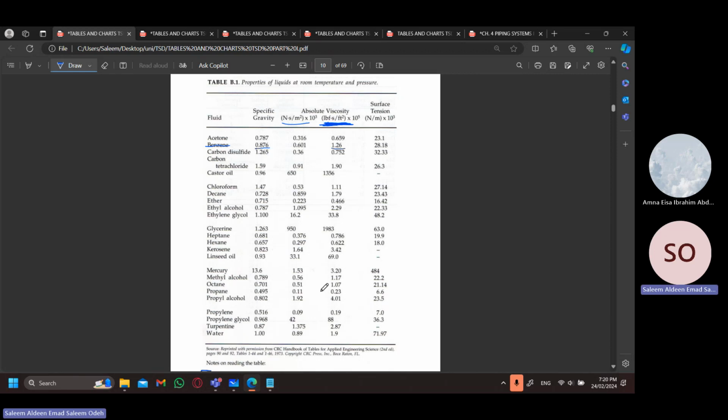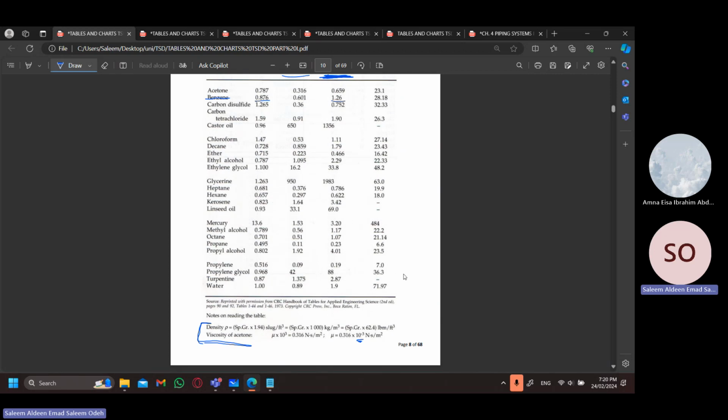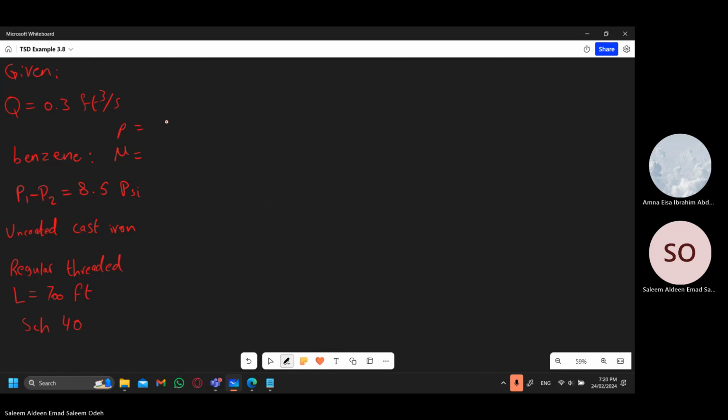Now specific gravity is 0.876, and we want it in pound mass per foot cube. So we will write it as, and for the absolute viscosity, we will do the same thing, 1.26 times 10 to the power of -5 pound force second over foot cube, squared.